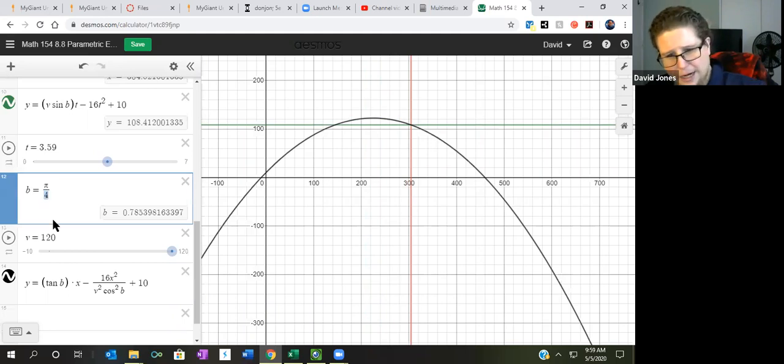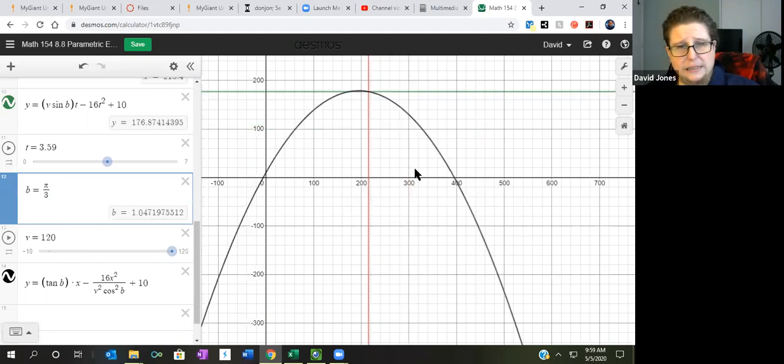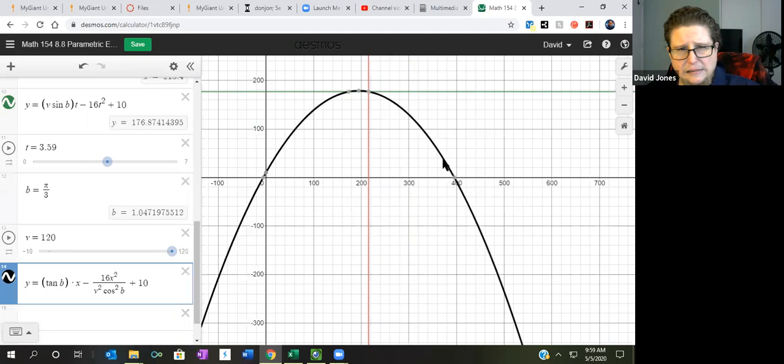The next one is pi over 3. 395.4 feet. Height is 178.8.